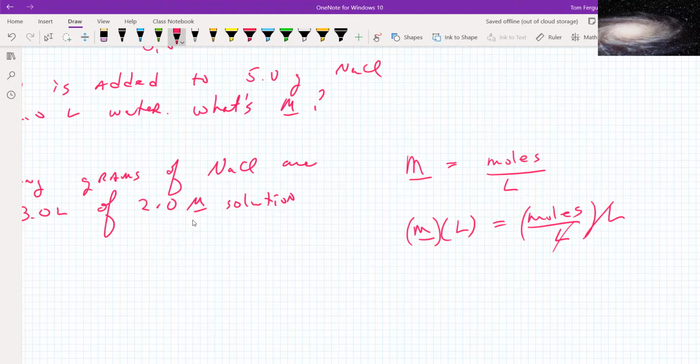We multiply the volume times the concentration, we always get moles. Think of MV. M is molarity, V is volume in liters. So MV or ML equals moles. And once we have moles, then we get grams.